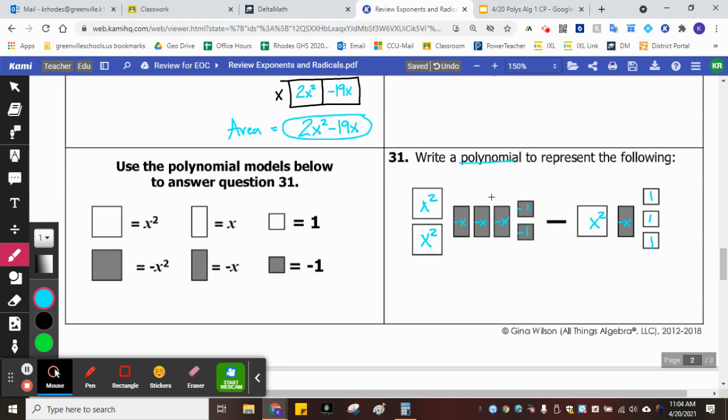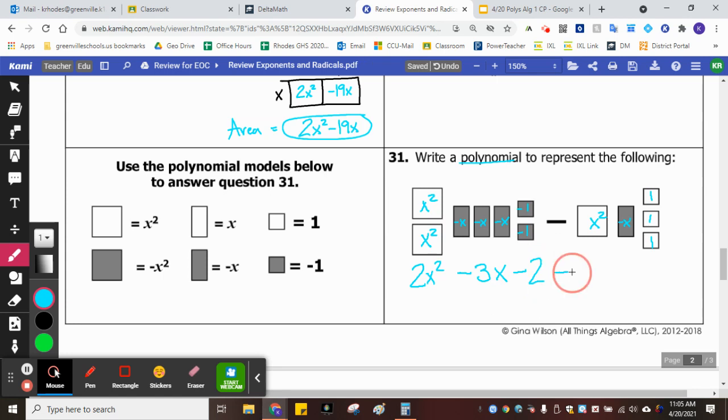So this is actually just subtracting polynomials. So instead of 2 boxes here, what this represents is 2x squared. Since all 3 of these are negative, it'll be negative 3x. Both of these boxes are negative, so that's negative 2.